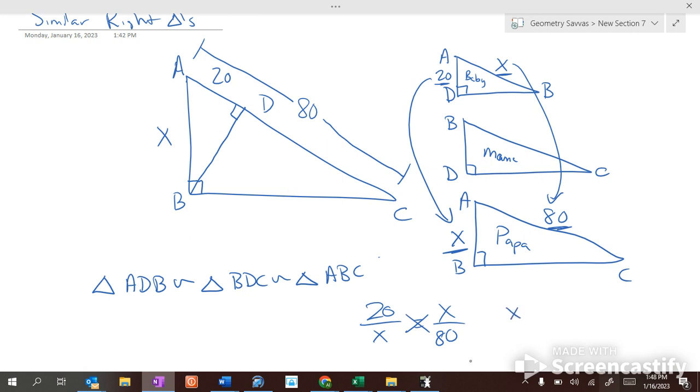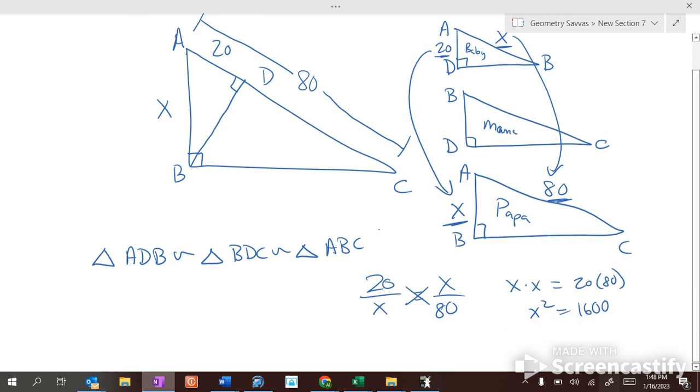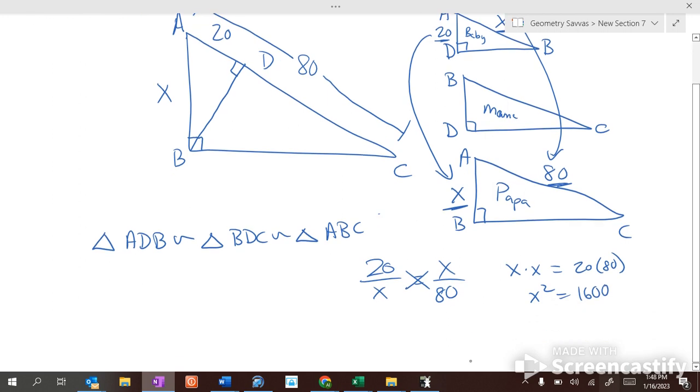X times X is X squared. 20 times 80 is 1600. How do I get X alone? Square root. X equals 40. This side would be 40 long. If this side's 20 and this side's 40, this side is 80. Make sense?